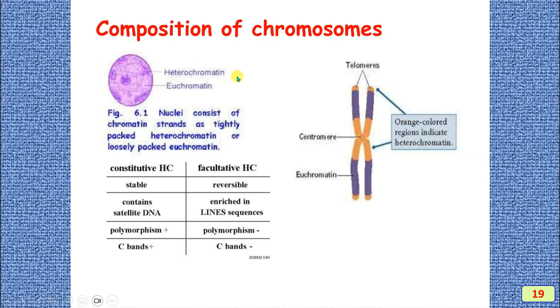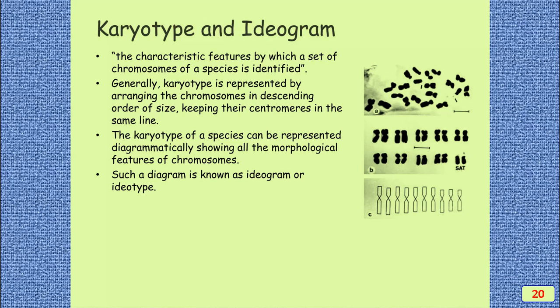So usually the chromosomes have a karyotype and ideogram. The characteristic features of the set of chromosomes of a species are identified. So a species can be identified very easily by the structure and number of the chromosomes.